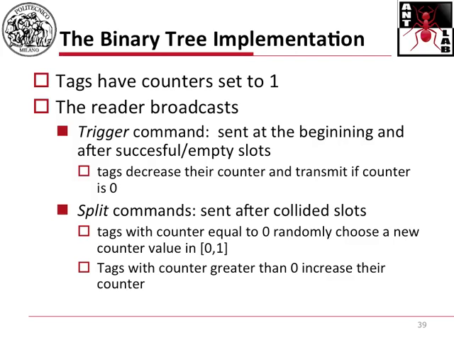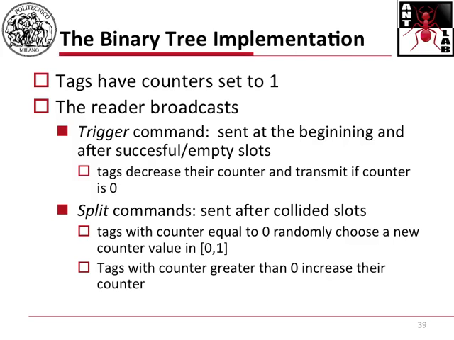And the effect on the tags is that tags with a counter equal to 0, which transmitted in the previous slot, need to split, which means that they randomly choose a counter value in the set 0, 1, randomly, 50% 0, 50% 1.